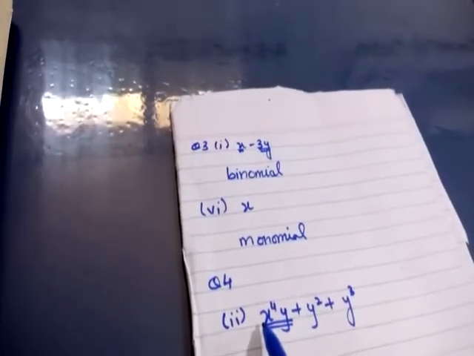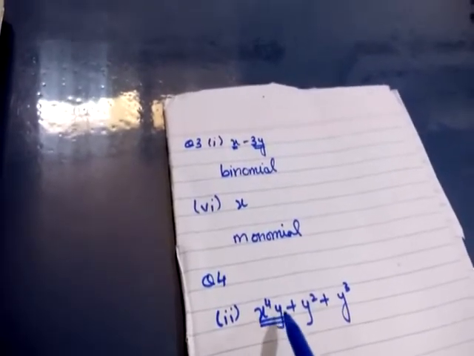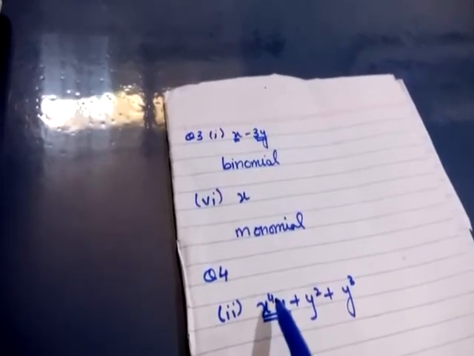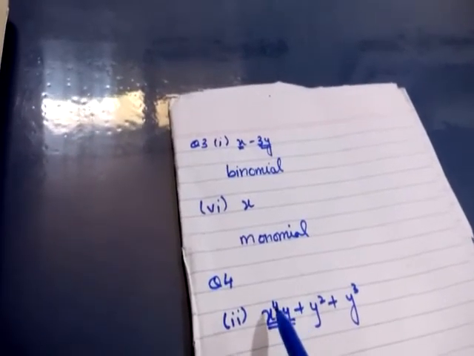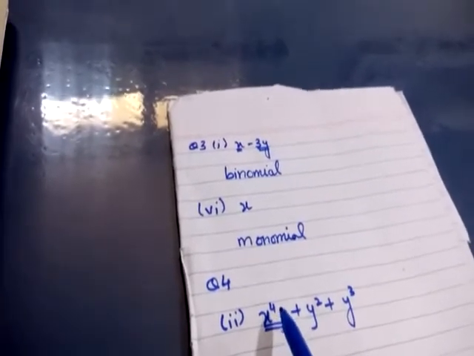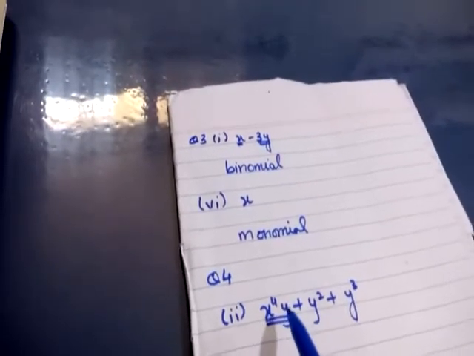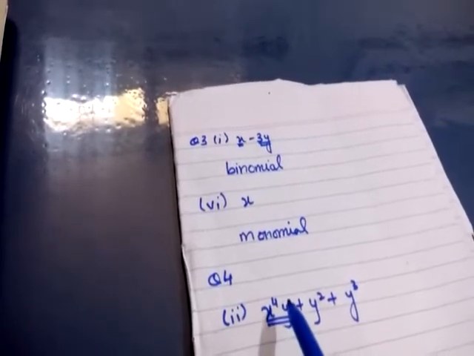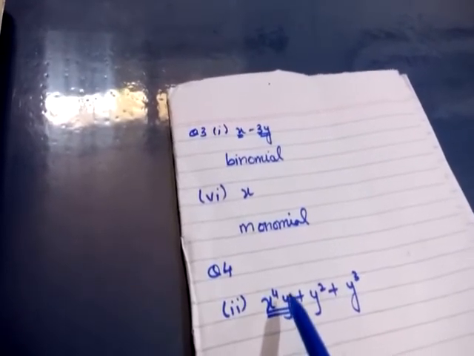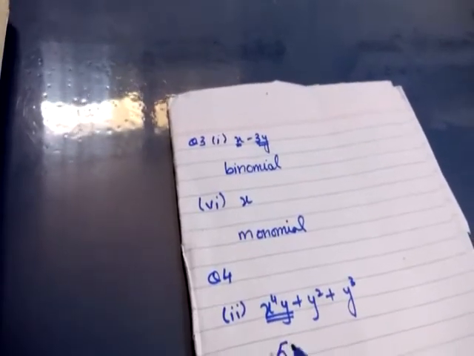Now we will decide the degree from this term because 2 variables are used here. The power of x is 4 and the power of y is 1. In this condition, we are going to add the powers. 4 plus 1 is 5. So its degree is 5.